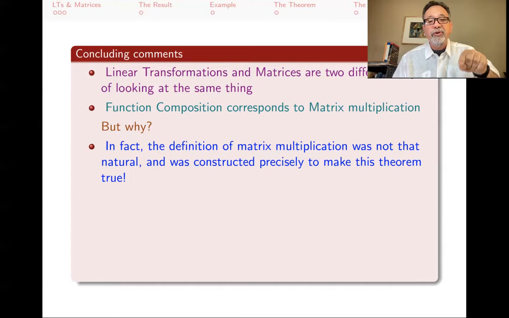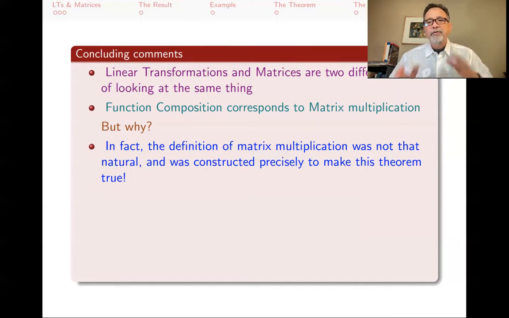This is the most important theorem about matrix multiplication, the fact that it corresponds to composition of linear transformations. Composition of linear transformations is a very natural thing. If you have a function going from here to here and a function from there to there, then composing them is a natural thing to do. Matrix multiplication wasn't, but we defined it in a way to make sure that this theorem is true.